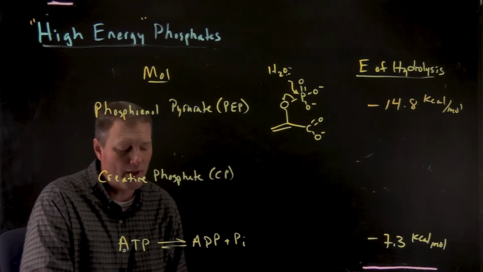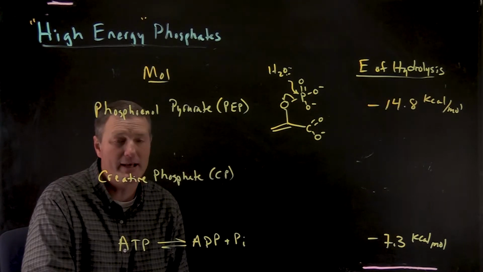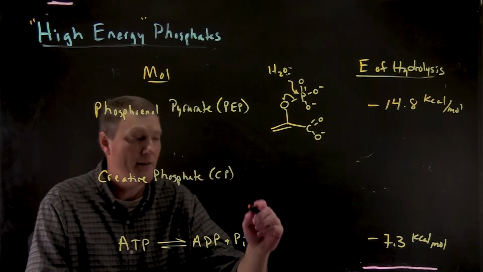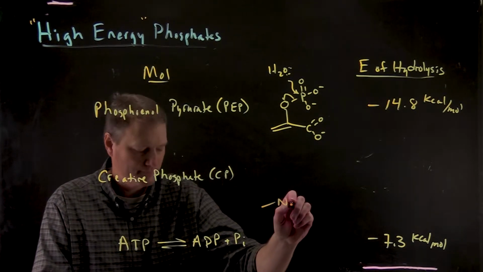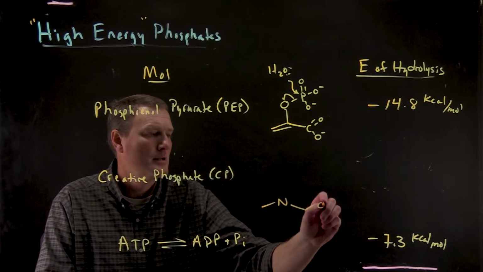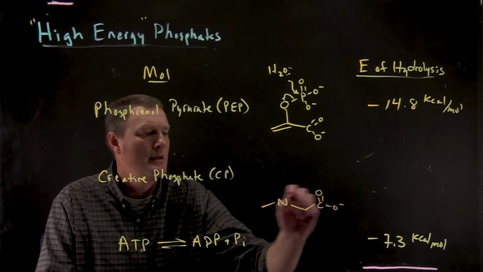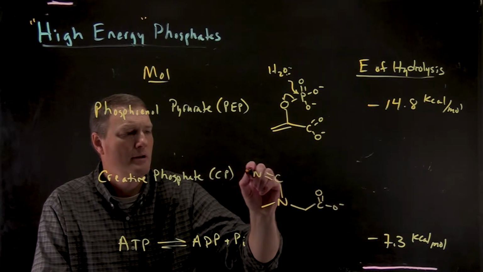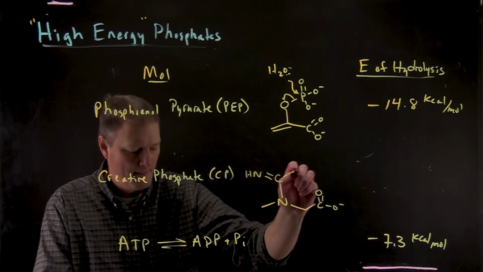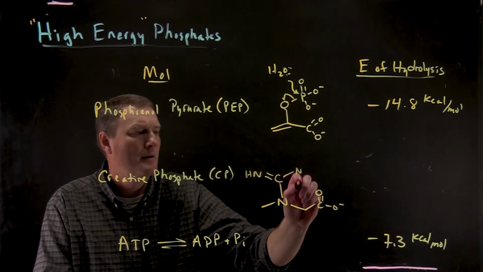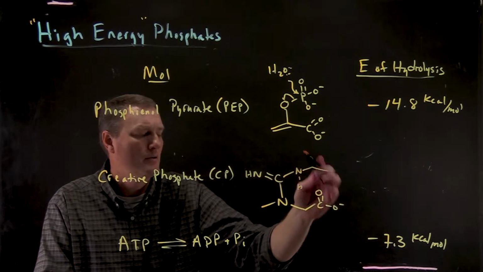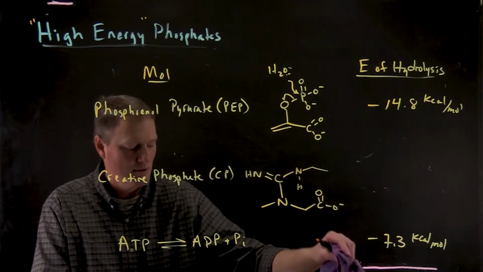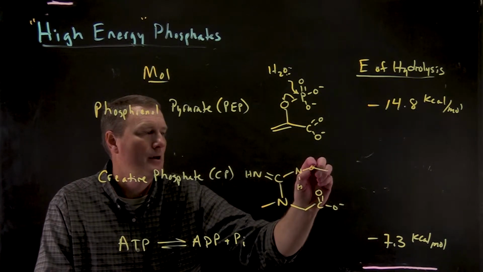The other molecule that could potentially be hydrolyzed is this creatine phosphate. Let me draw that structure for you. Okay, it's kind of an unusual structure. Oops, there's an oxygen there. Or no, there's actually, yeah, that's right.